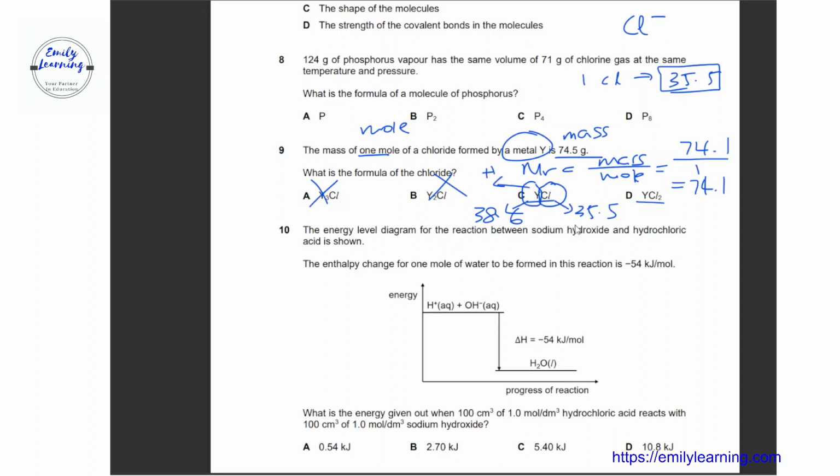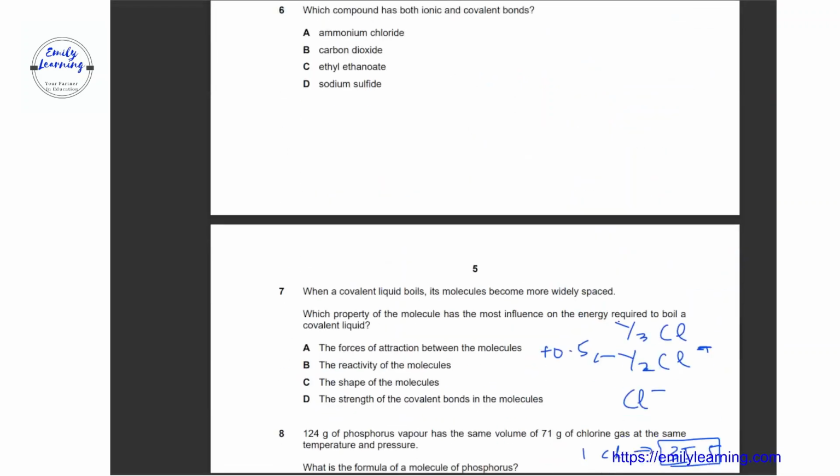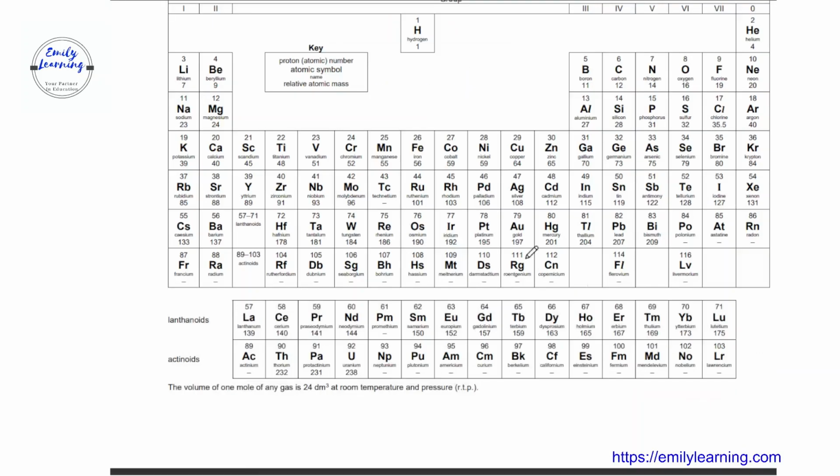So let's take a look at the periodic table again. I have 38.6, and I need it to have a charge of +1. Maybe it's this one, potassium, so that I get 38.6, which is very close to 39.